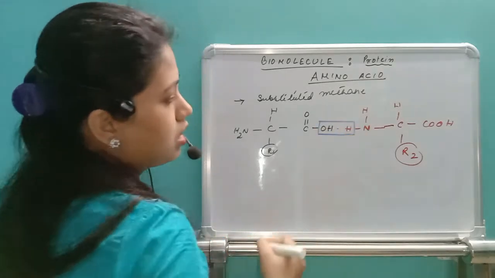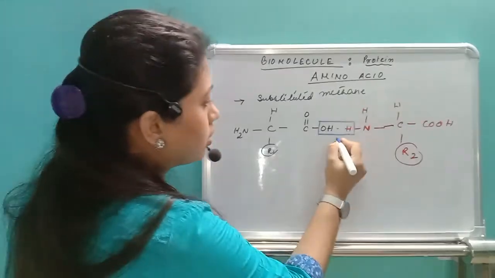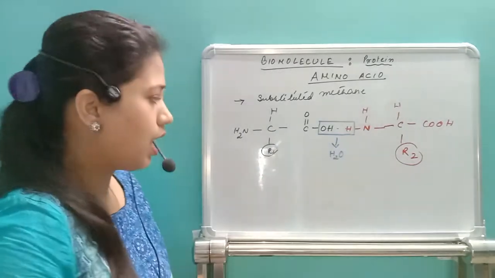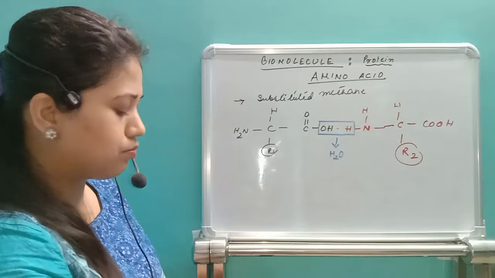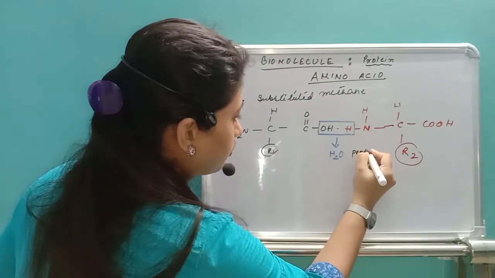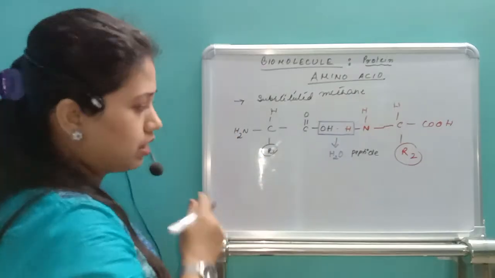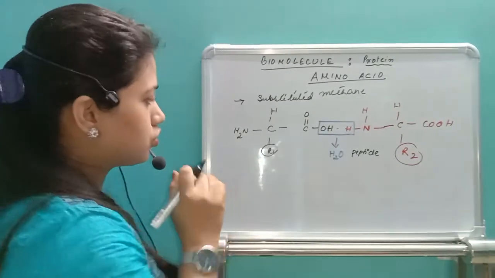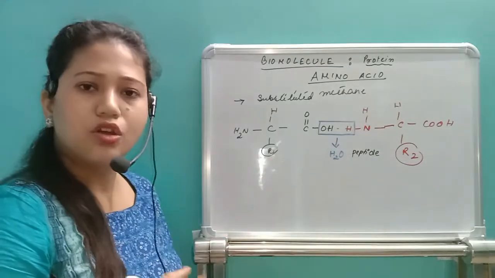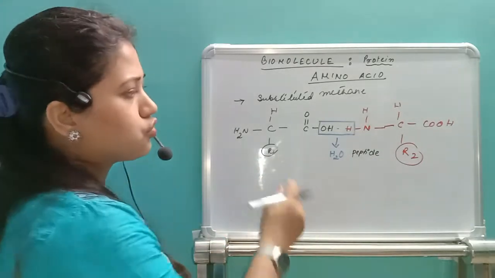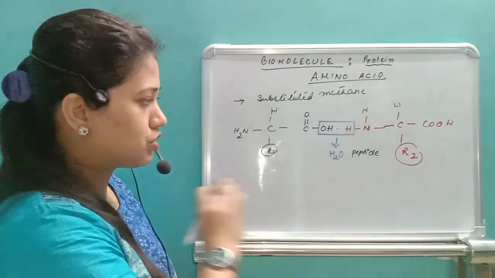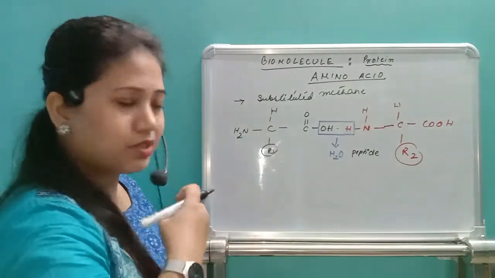Here one water molecule will be expelled outside. What bond will we have? This bond will be called the peptide bond. Then what will be the structure of this dipeptide? Two amino acids will be attached to each other by a single peptide bond, so this structure will be a chain.